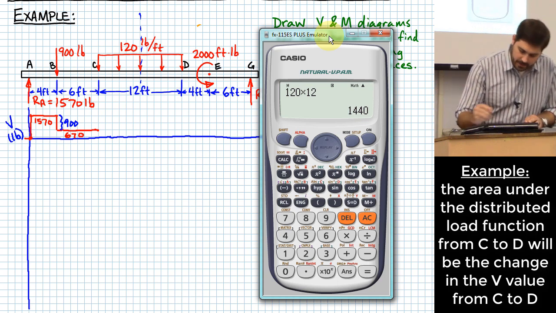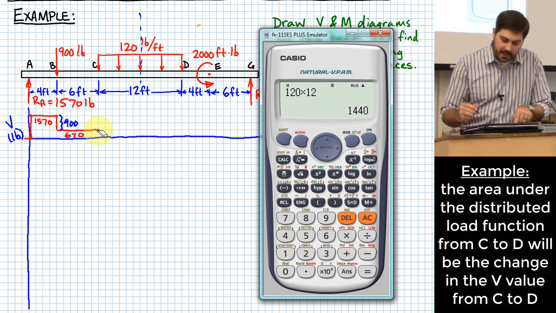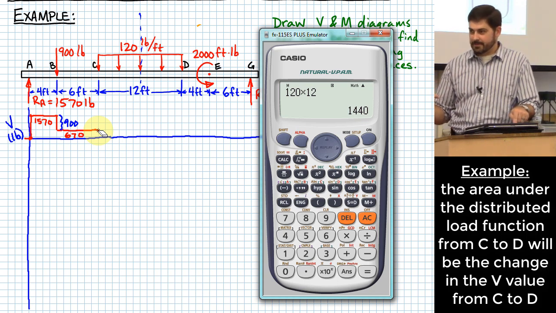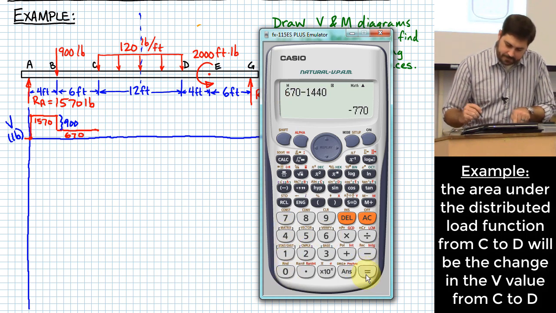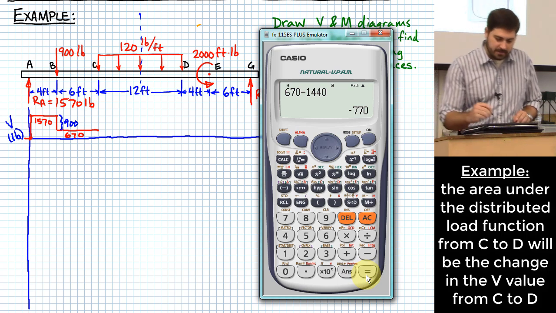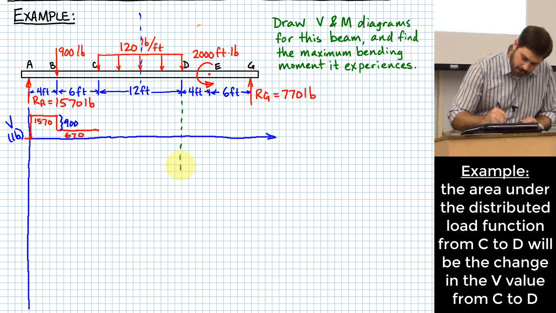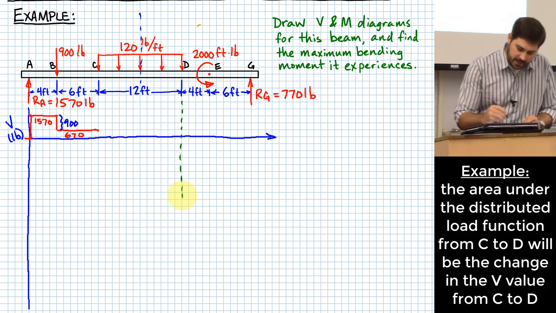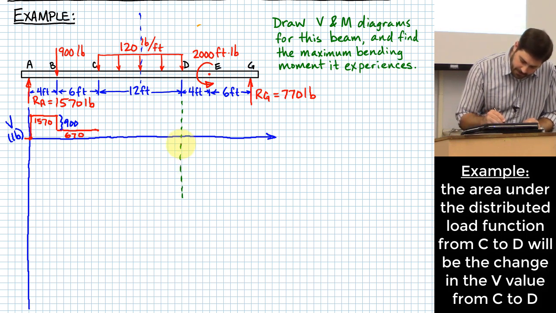So I'll take my 670 and subtract the 1440. 670 minus 1440 gives me negative 770. That's going to go out to where this end is. And what was that? Negative 770? I can say these are 500 each, so maybe it'll be somewhere in here.